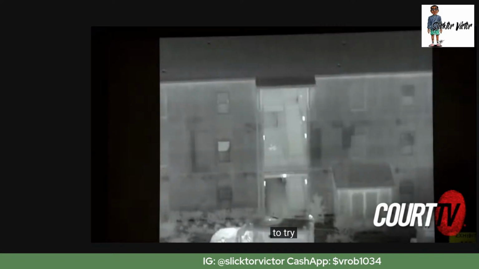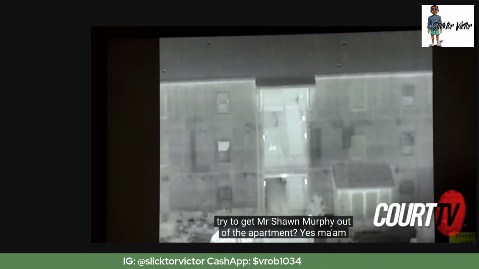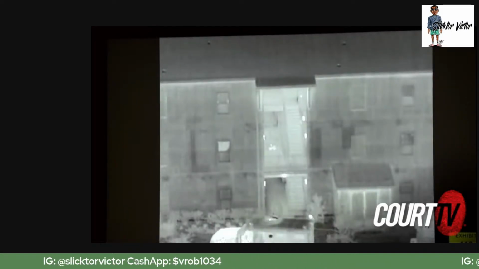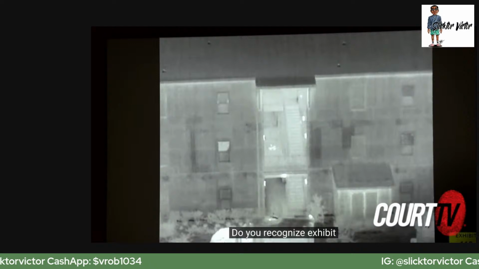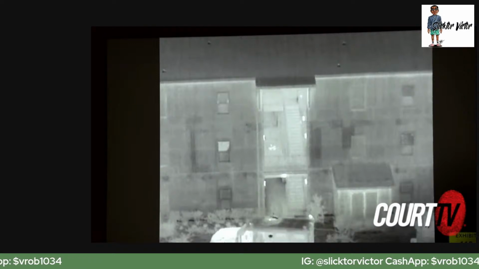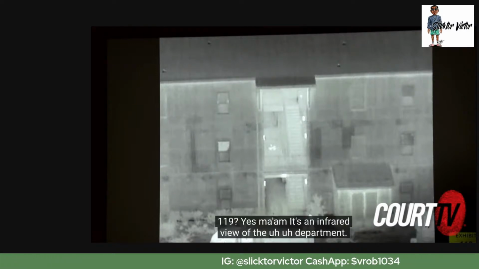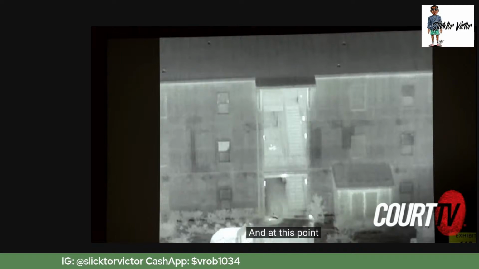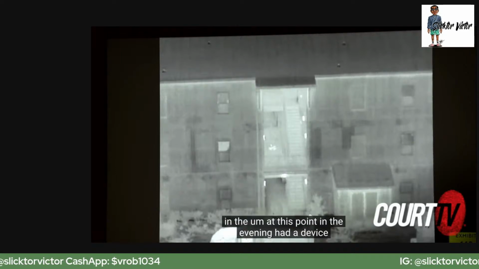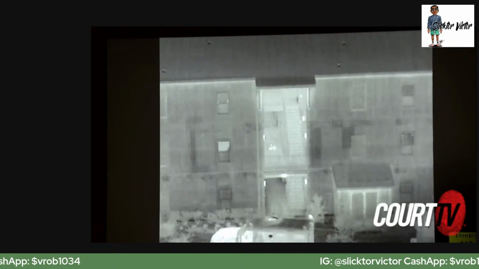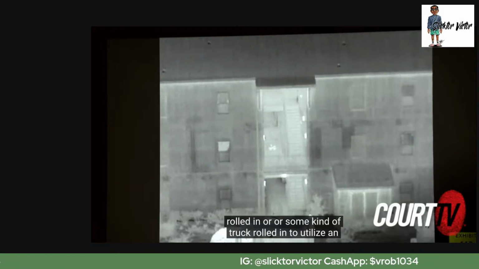Do you recognize Exhibit 119? Yes, ma'am. It's an infrared view of the apartment. And at this point in the evening, had a device rolled in or some kind of truck rolled in to utilize an arm to break this side's window? Correct. That would have been the construction equipment, which our SWAT team uses.